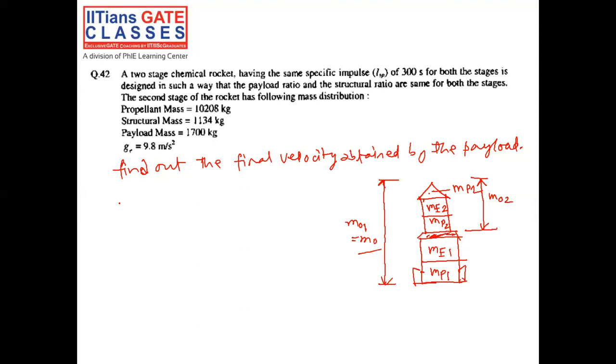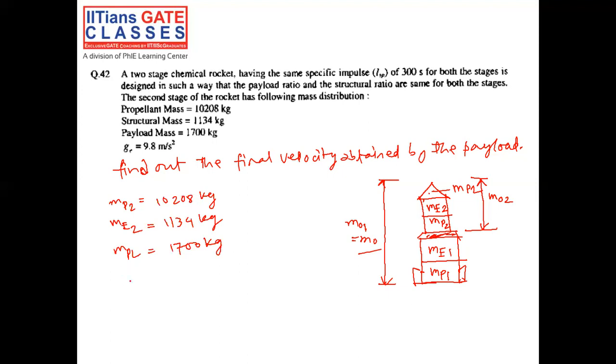Now what we are given is the propellant mass of the second stage, MP2, is 10208 kg. Structural mass, Me2, is 1134 kg. Then payload mass MPL is 700 kg, right?